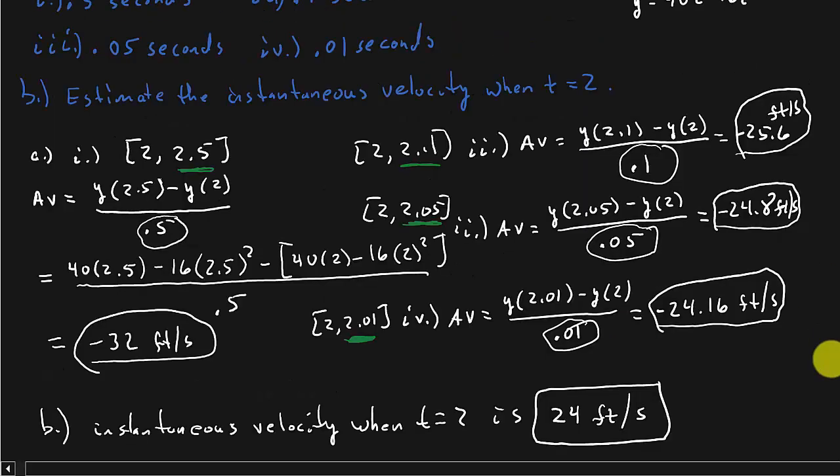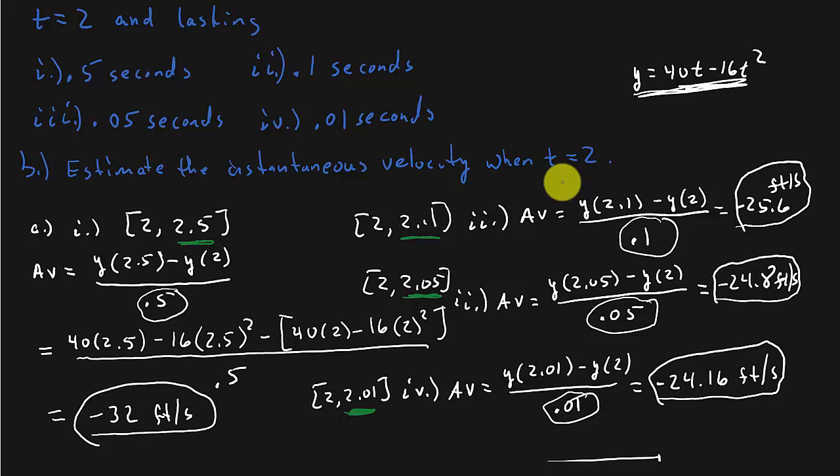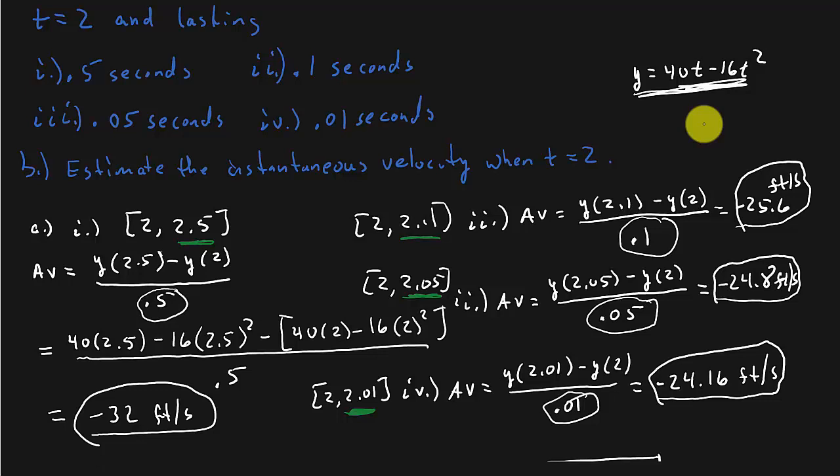We could find the instantaneous velocity at t equals 2 in 2 steps. You find the derivative and then plug the 2 in. But we don't know how to take derivatives yet. That's what we're going to learn. We got to learn limits first.